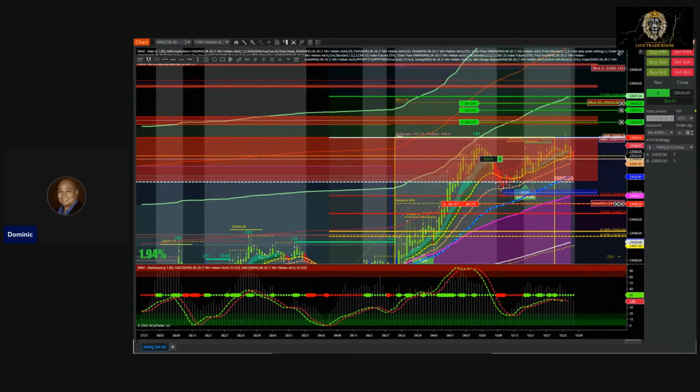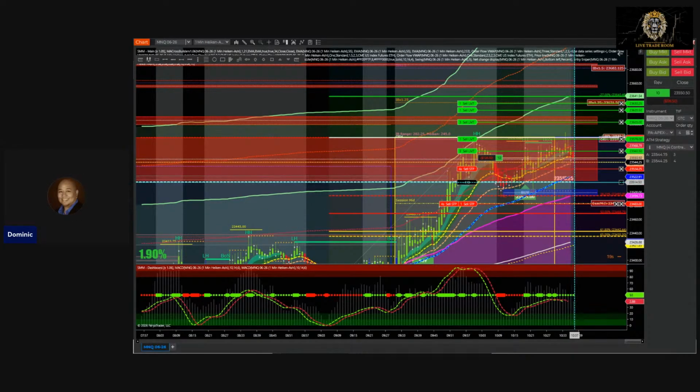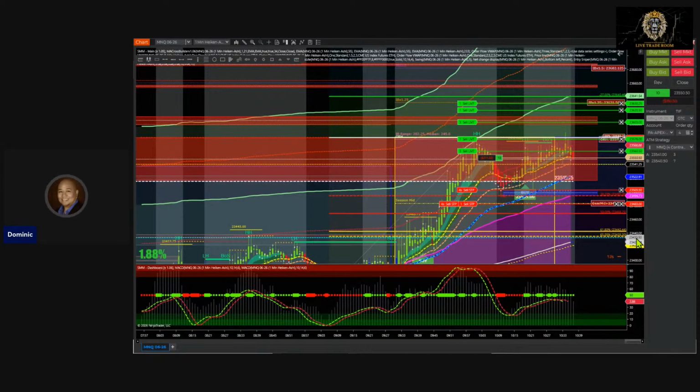Let me do this. Why is it closing above? I thought I was going to hit it. Like I said, it's probably going to test that 55.